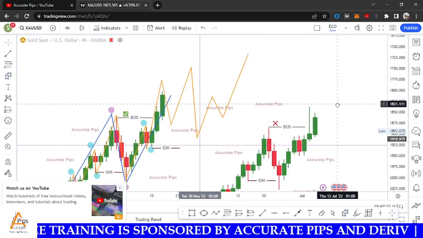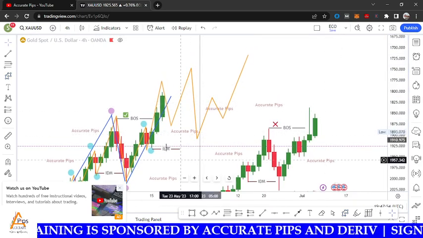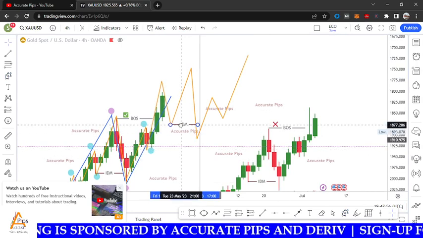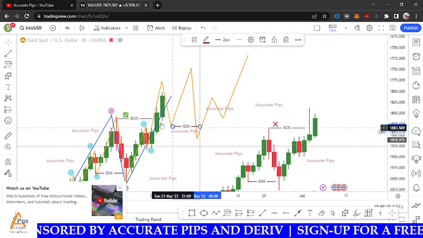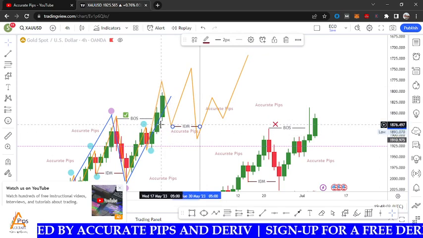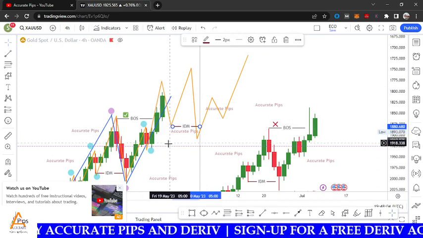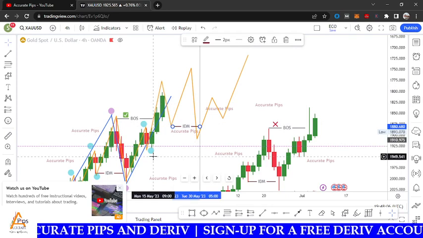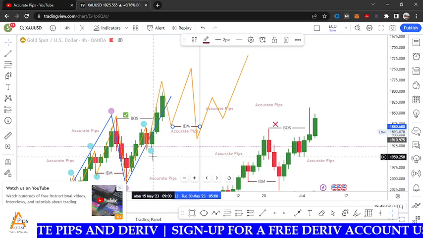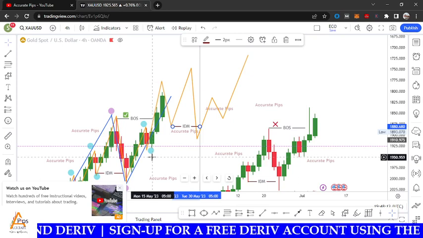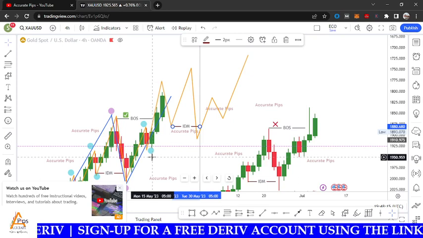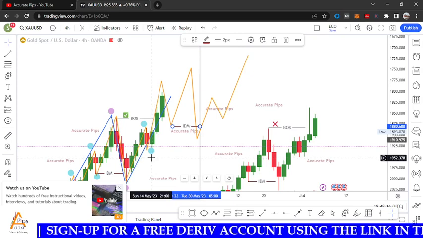When this happens, this will now be our inducement, because it is the recent low created in the market, which is not the actual structural pullback, but the candlestick one from the previous lesson we had.